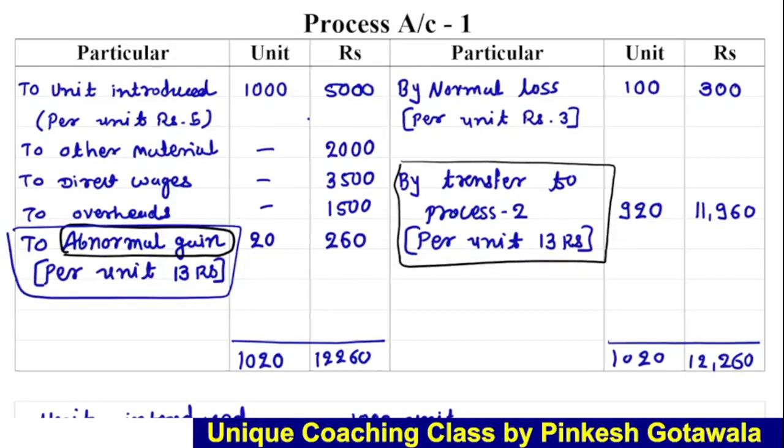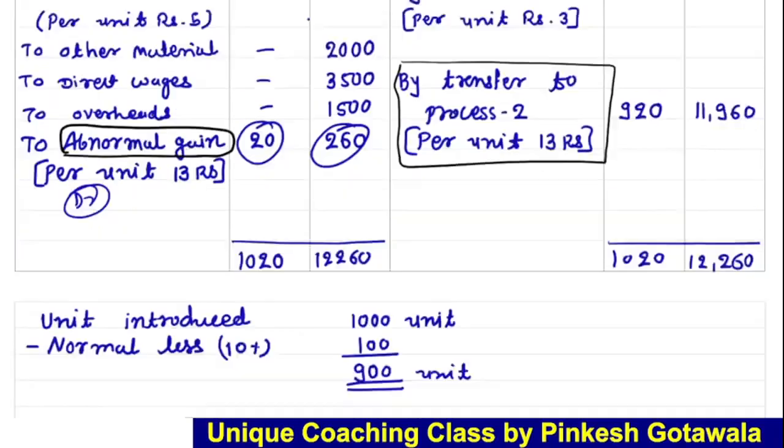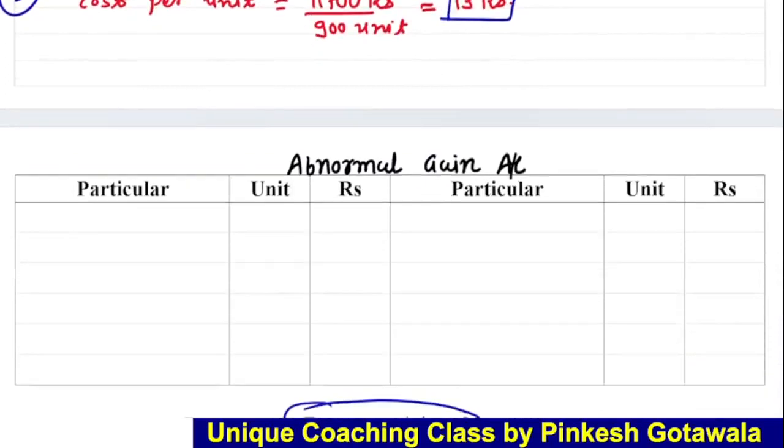So in abnormal gain, where will it come? Credit side. The first entry will be this and we will cross it. Here there is a credit, so it is a debit in its own account, so where will it go? To the credit side. Here abnormal gain is on the debit side, so in its own account it will be on the credit side. 20 units, 260 rupees. So let's give this effect here.